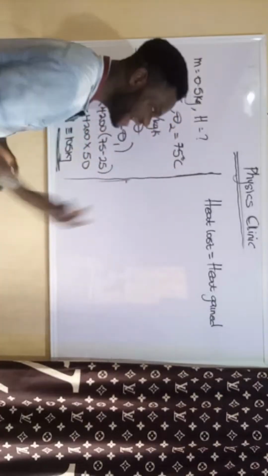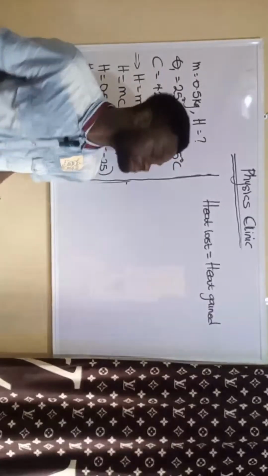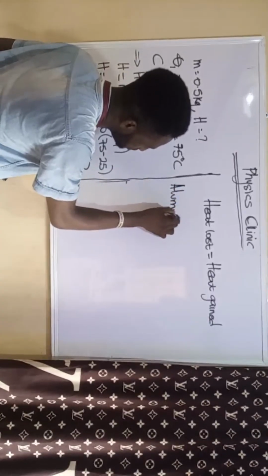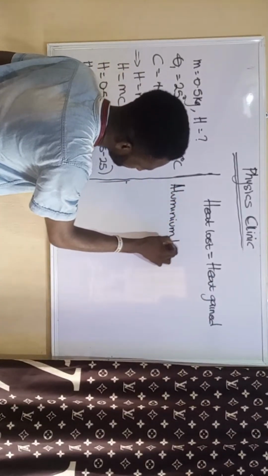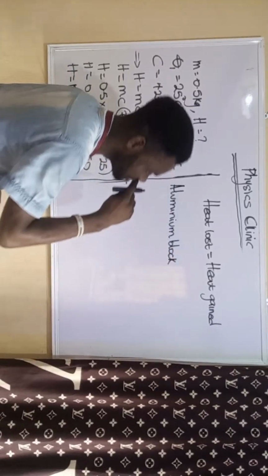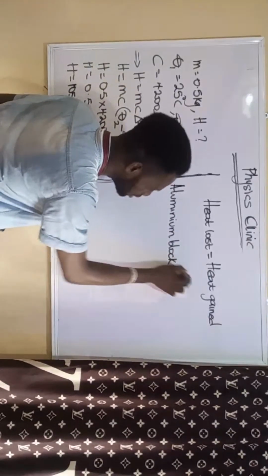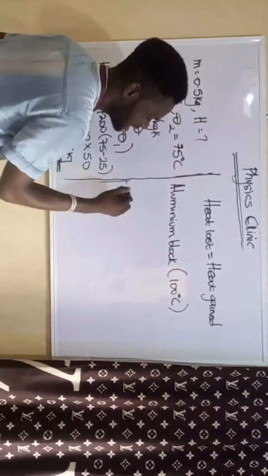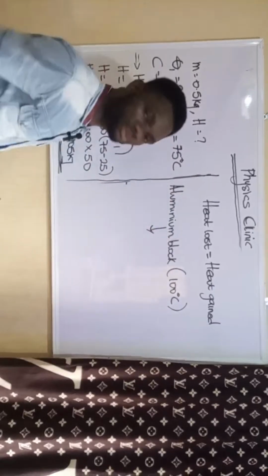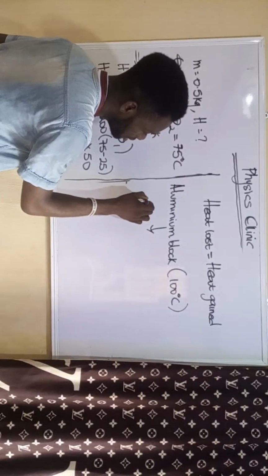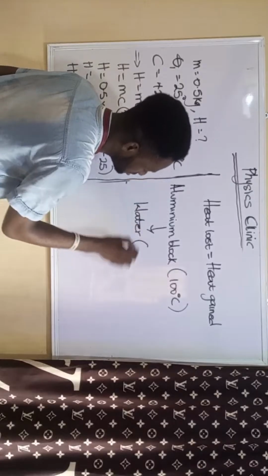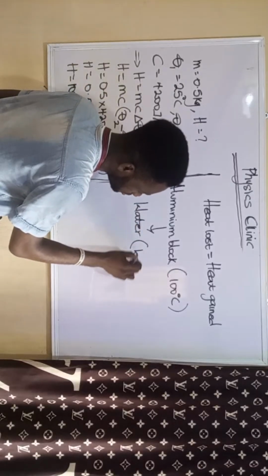Heat loss is equal to heat gain. So let's say I have an aluminium block at 100 degrees Celsius, and then I dip my aluminium block into water contained in a bowl.